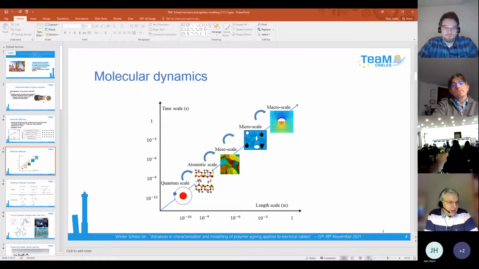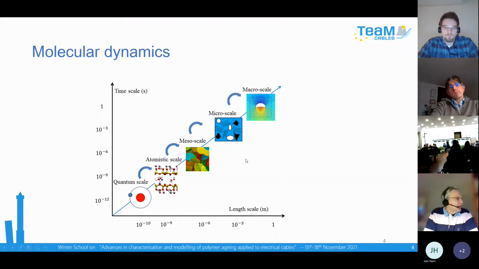And maybe I should simply put on the presenter mode. Yeah, the atomistic scale, and really the numbers that we need to remember are that in terms of physical length, we are in the nanometer scale, not more. And with respect to time, we are somewhere in between nanoseconds and microseconds.